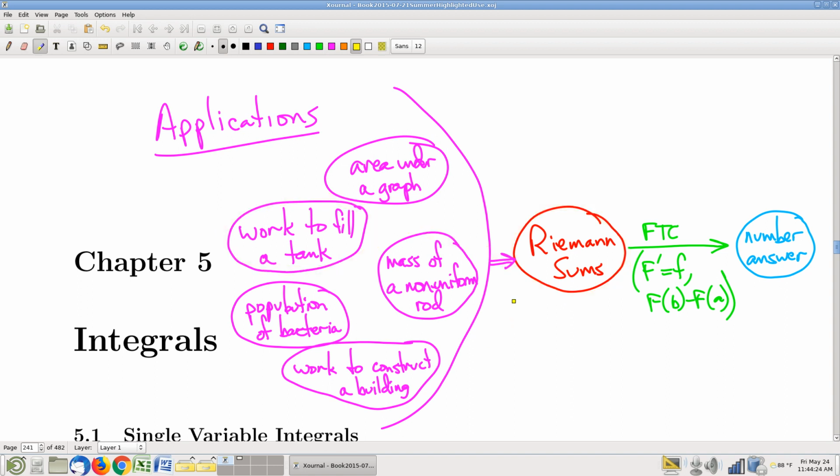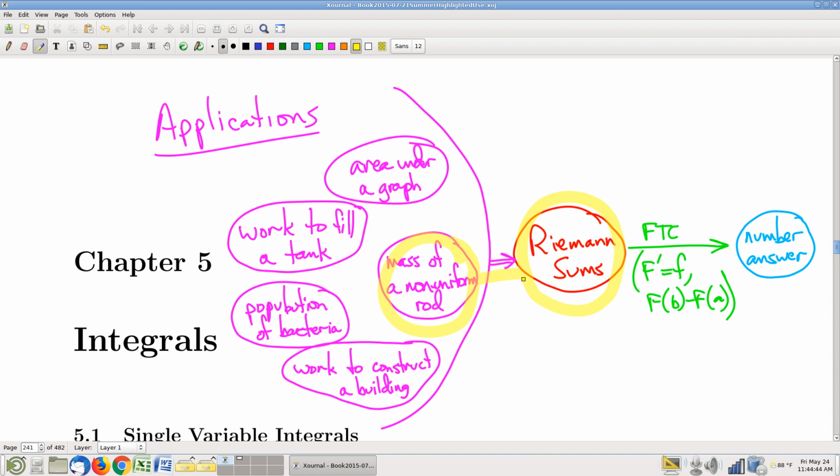If I need to compute the mass of some sort of a one-dimensional rod that has a non-uniform density, I can write its total mass as a Riemann sum. And area doesn't have squat to do with it. It just doesn't.